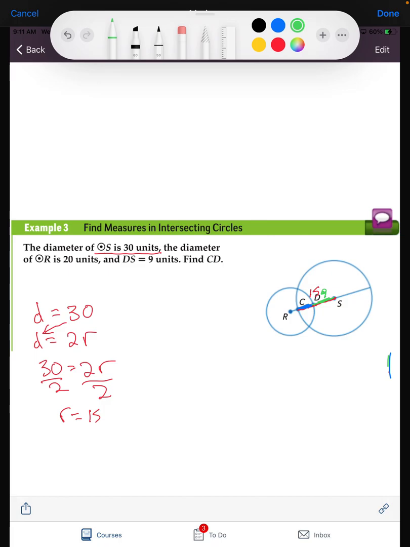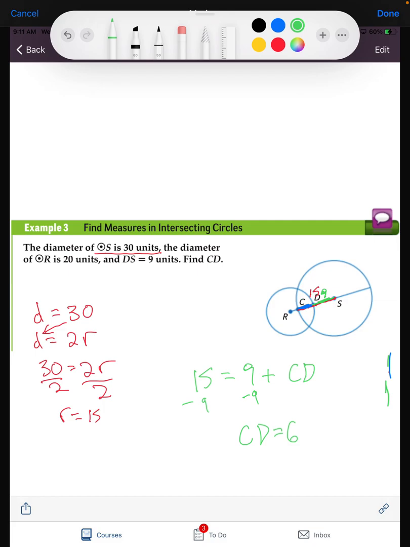So we can see here, 15, the whole thing, is equal to 9 plus whatever CD is, the part that's missing. So if we want to solve for CD, we just subtract 9 on both sides, so we get CD equals 6.